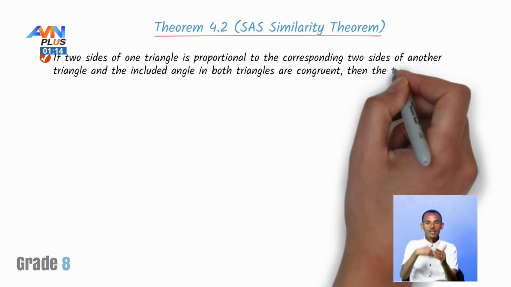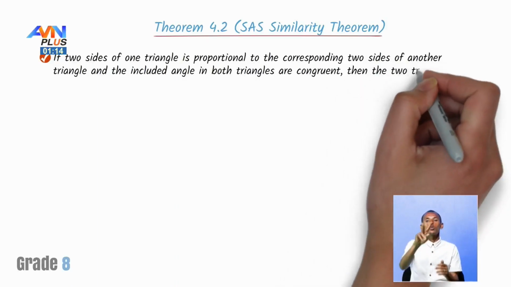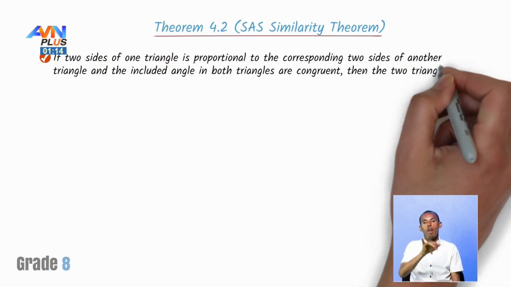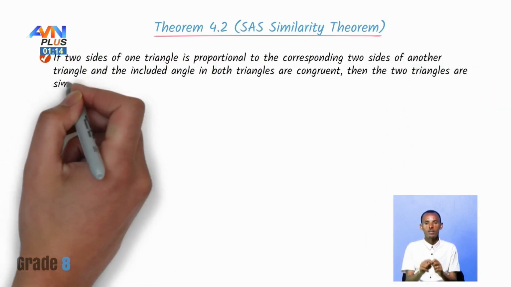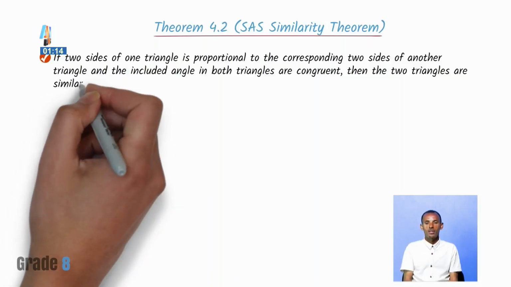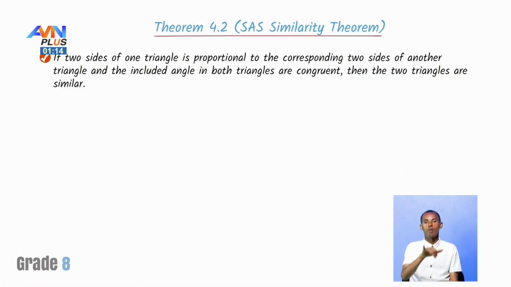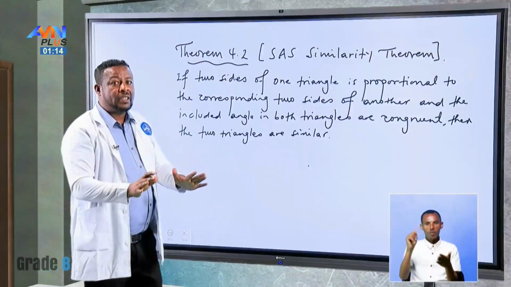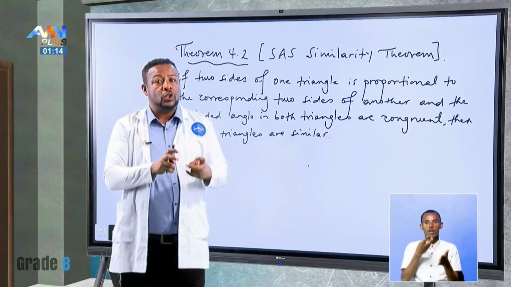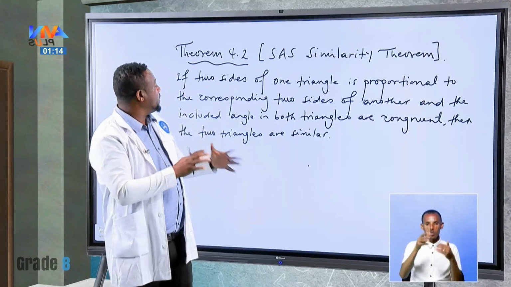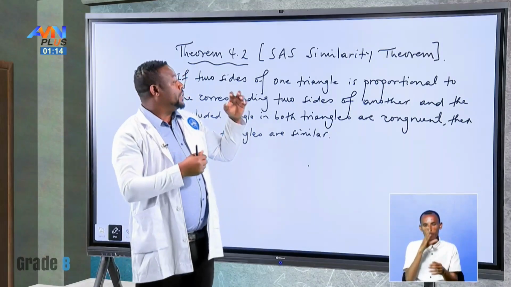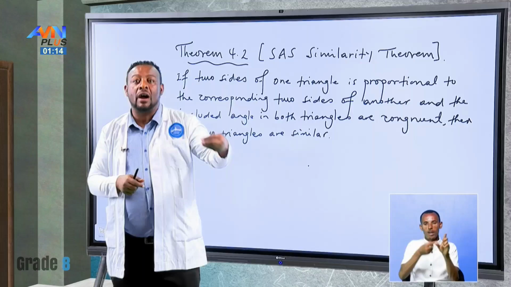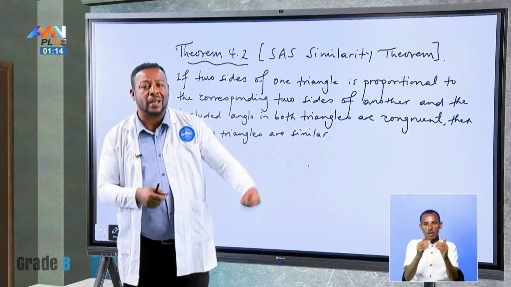Then the two triangles are similar. Okay, here in this theorem, we understand that we need to have two corresponding sides that are proportional, and the included angle in both triangles congruent, right? To say the two triangles are similar.